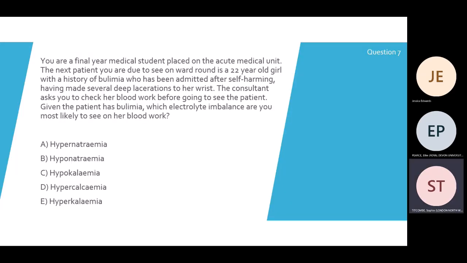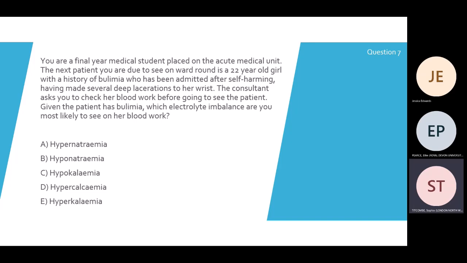Sticking with our eating disorders, you are a final year medical student placed on the acute medical unit. The next patient you are due to see on ward round is a 22-year-old girl with a history of bulimia who has been admitted after self-harming, having made several deep lacerations to her wrist. The consultant asks you to check her blood work before going to see the patient.